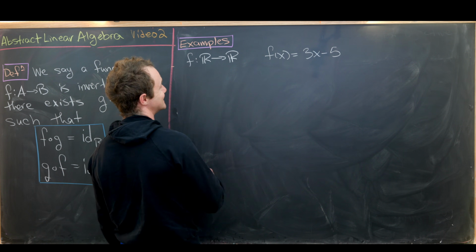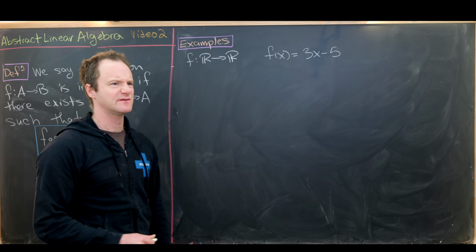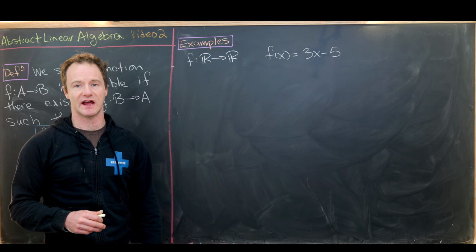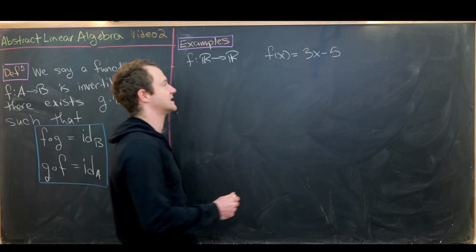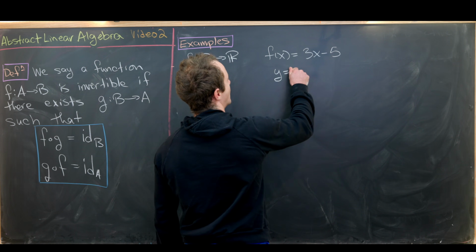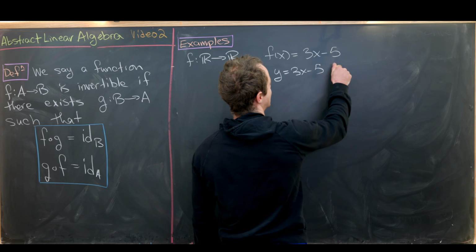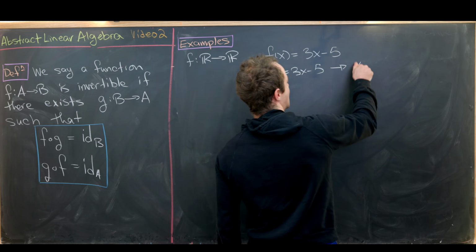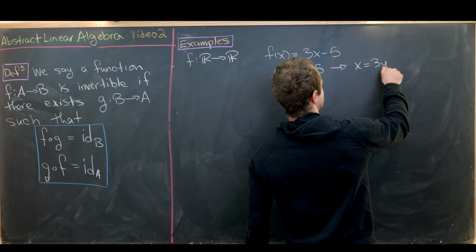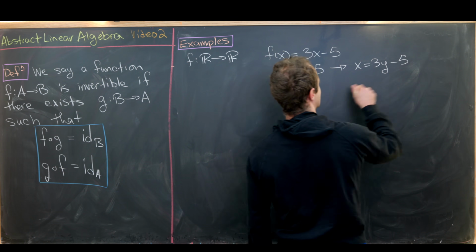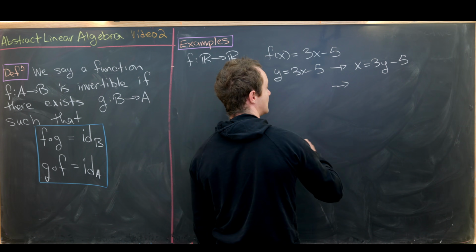Now let's find its inverse. And we can find this inverse using kind of the standard strategy from a pre-calculus type class. So let's set y equal to 3x minus 5. That's the first step. And then we swap x's and y's. So we have x equals 3y minus 5. And now we'll solve for y.